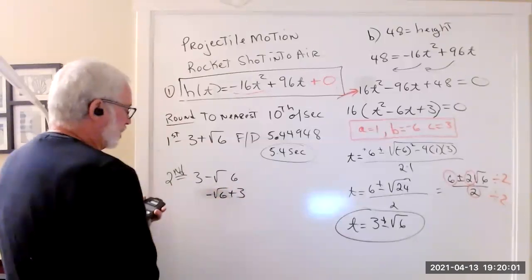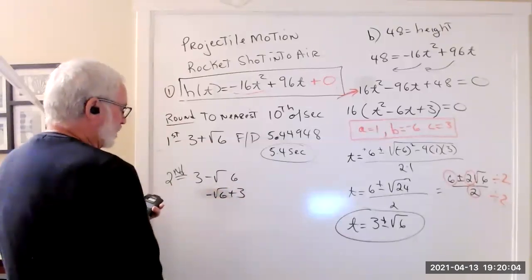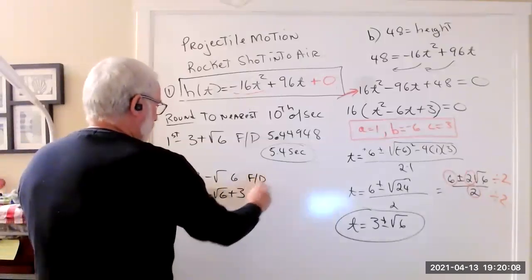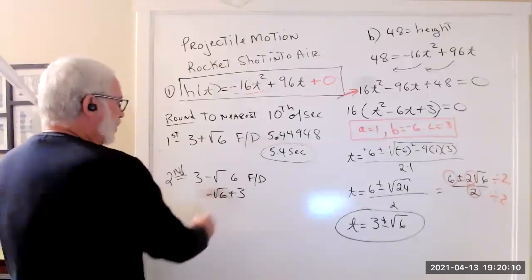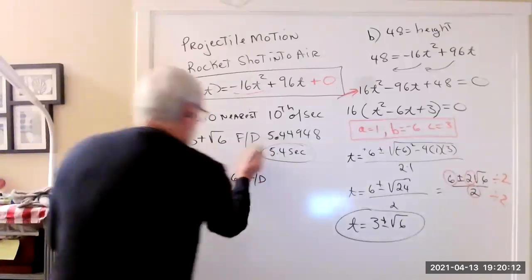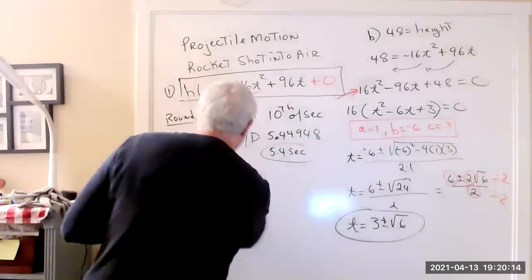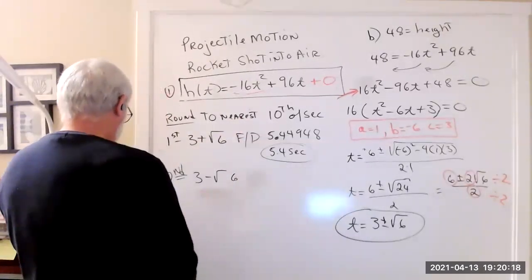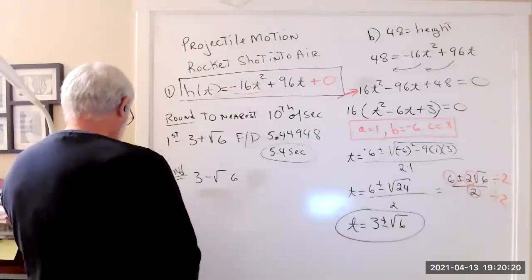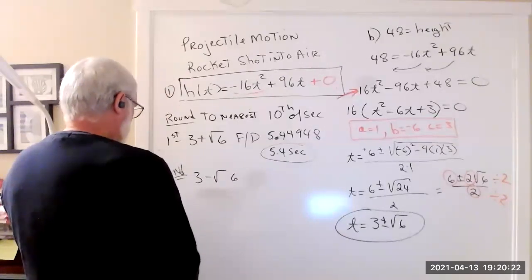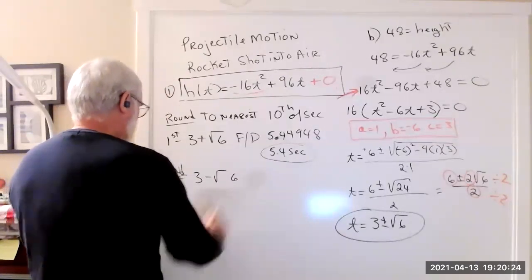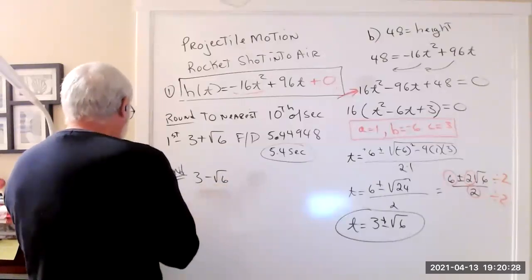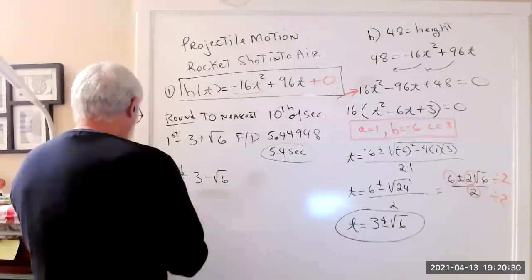Are you still getting that syntax error? No, but when do you hit the FD button? After you enter the whole thing. Oh, I know what he's doing. You have to press the right arrow key and then the FD button. Otherwise, it puts it underneath the radical.